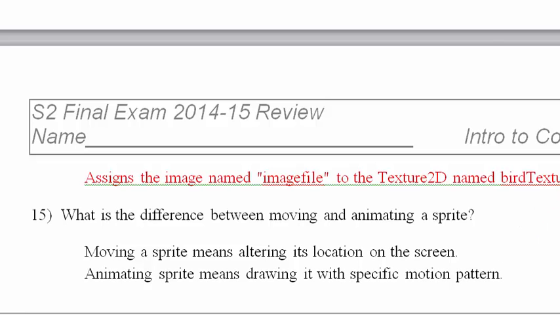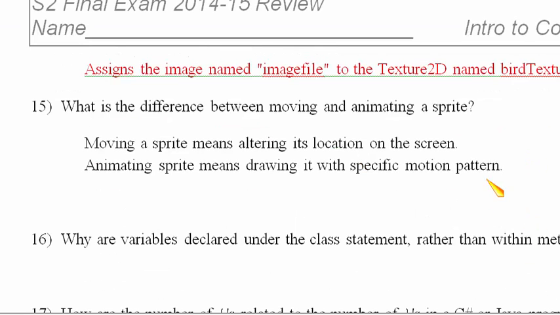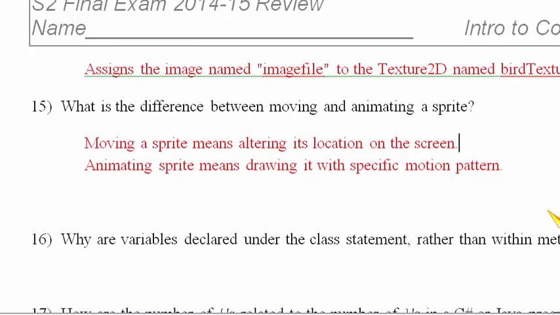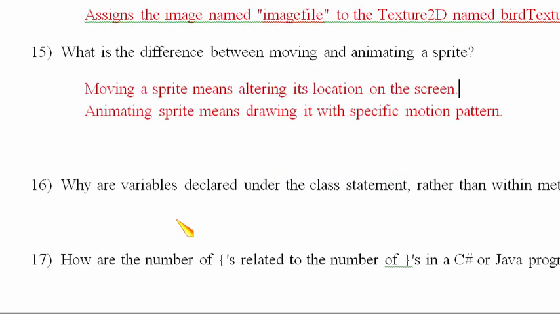Now, these can be completely independent of each other. You can move a sprite without animating it, and you can animate a sprite without moving it, or you can do both. It just depends on what your sprite needs to be doing at any given time.